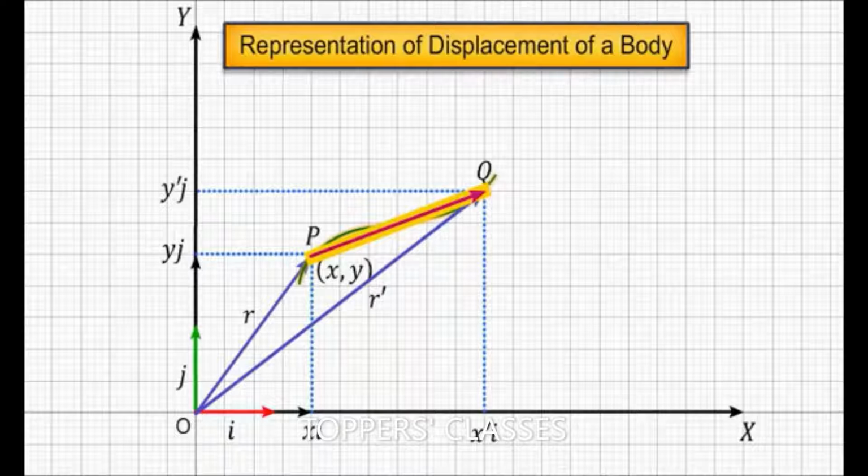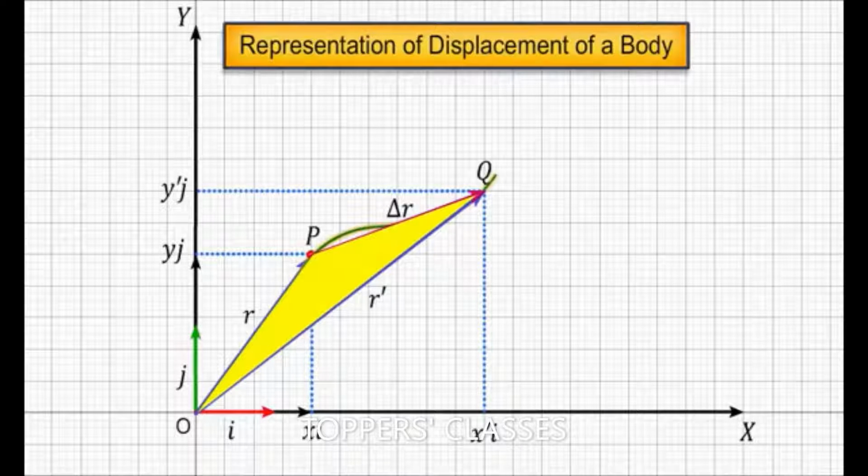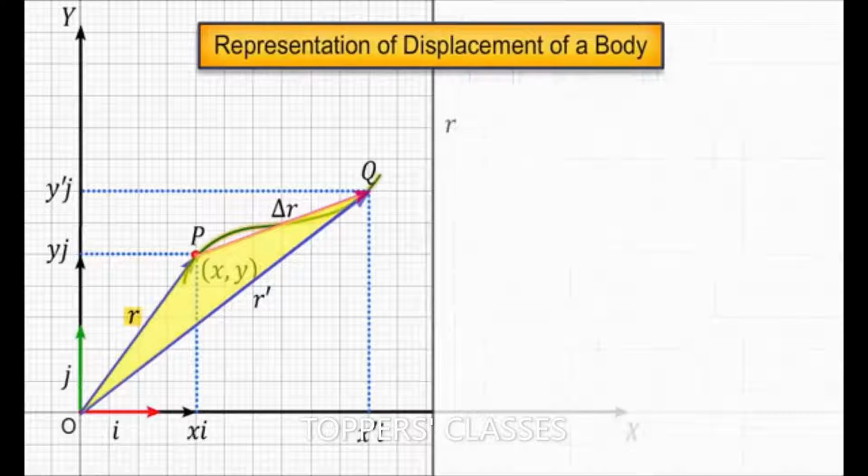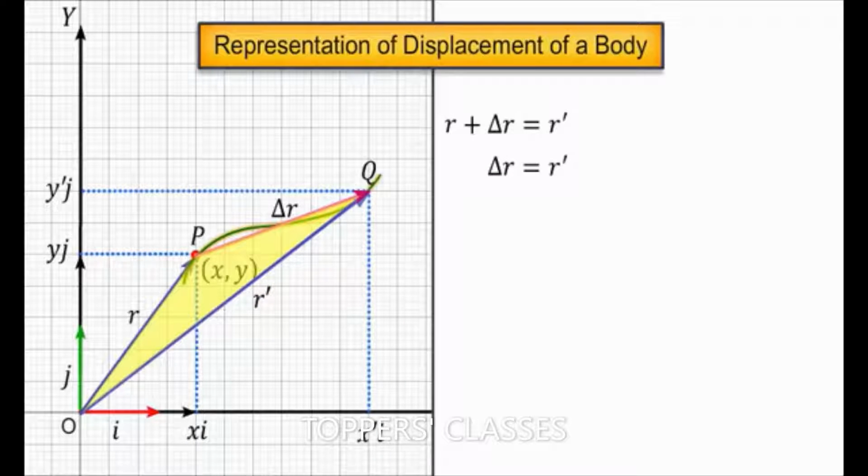We can write r + delta r = r dash. On rearranging, we get delta r = r dash - r. Let this be equation 1. This displacement vector delta r is directed from P to Q, which is represented by the arrowhead.